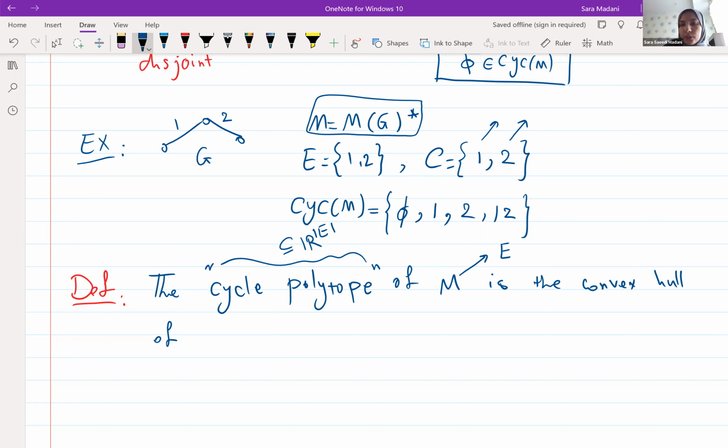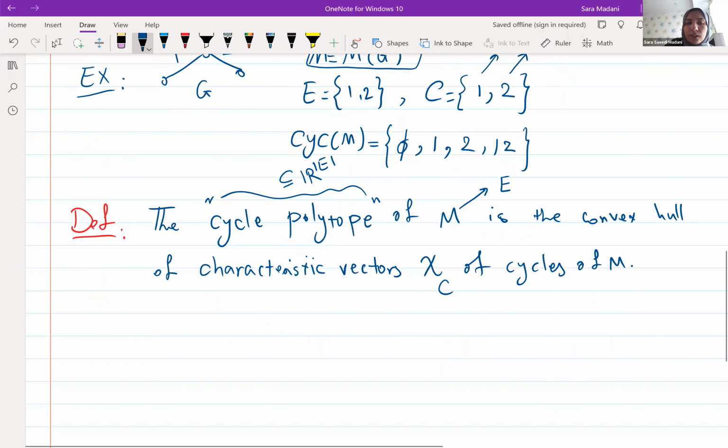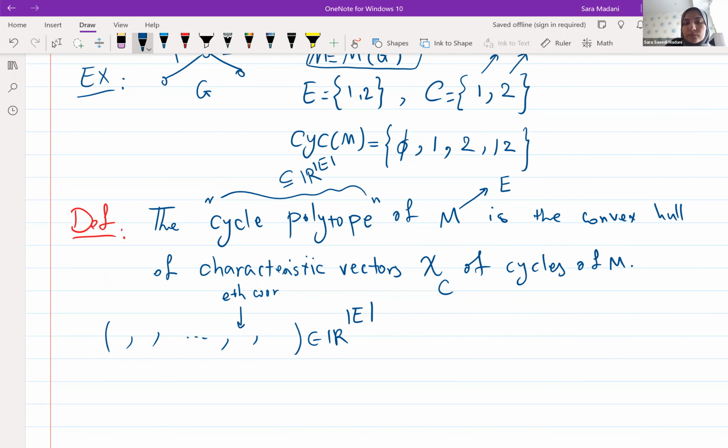What I take as those vectors are characteristic vectors of cycles of M. Namely, if I have something like this in R to the E, there are some coordinates here, and each coordinate corresponds to some element in E. So if this is the e-th coordinate, then here I have either 0 or 1.